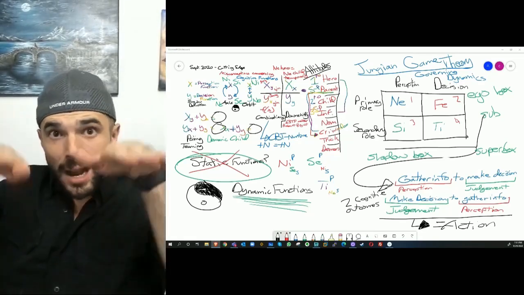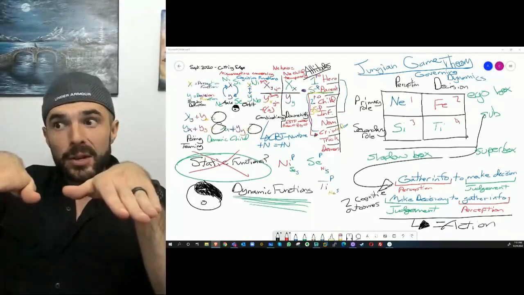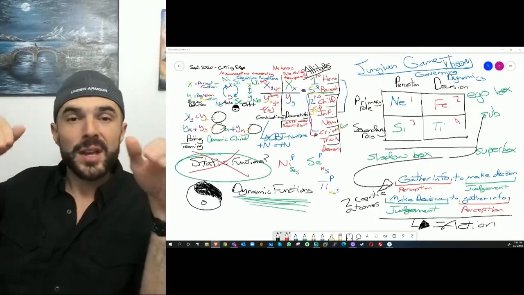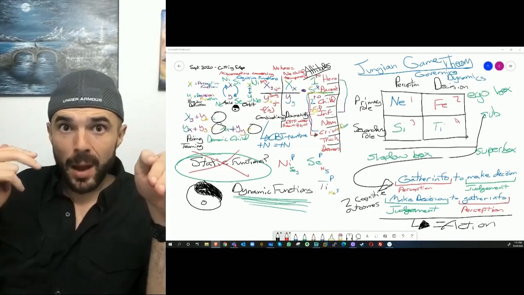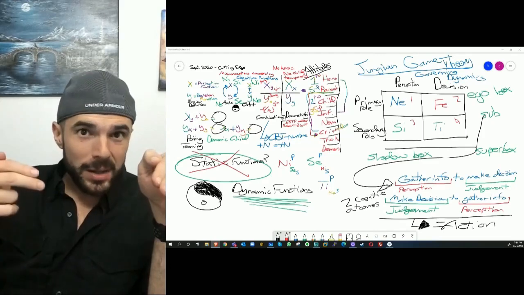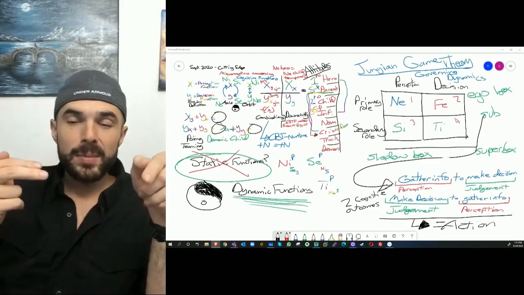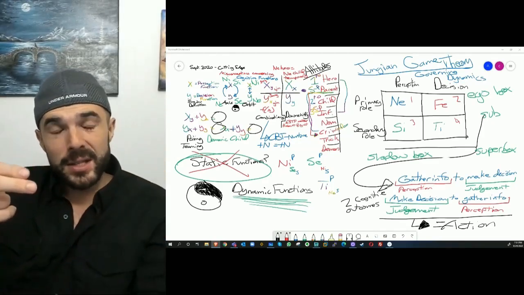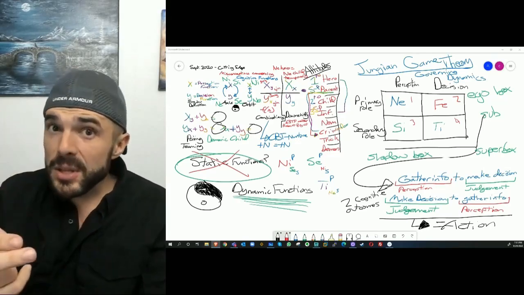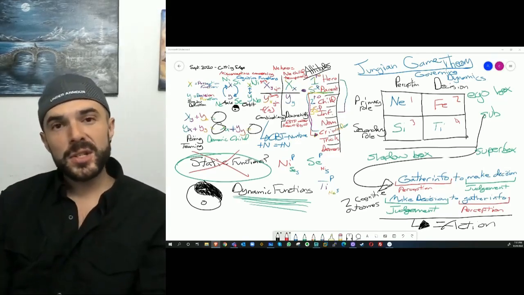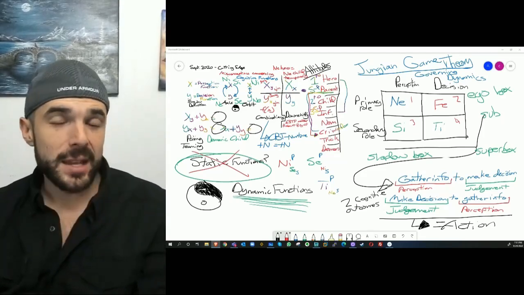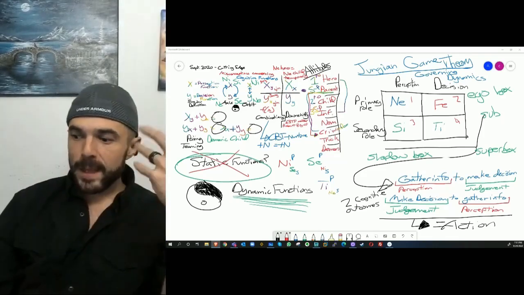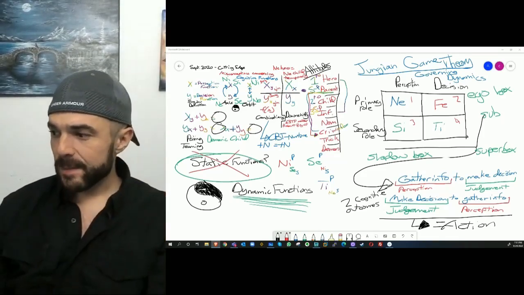However, if you go down one layer to the level of the individual functions, the hero is optimistic, but the parent is pessimistic. The child is optimistic. The inferior is pessimistic. The nemesis in the unconscious is actually optimistic, even though it's within a pessimistic side of the mind.